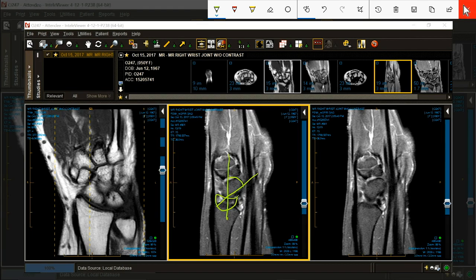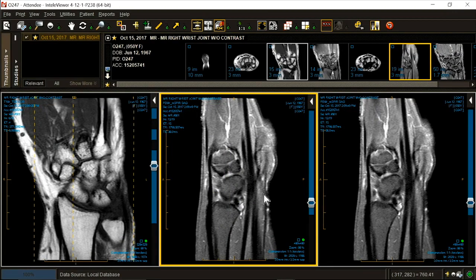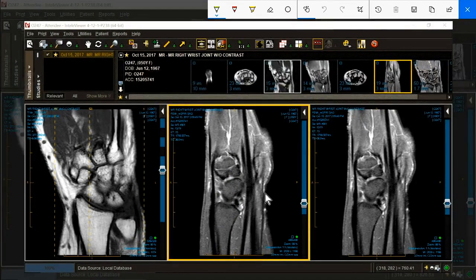But let's do something even more simple than that. I'll simply look at the overall axis of the scaphoid relative to everything else, and I like to see it about 45 degrees. So if it's standing up, it's a problem. If it's lying down, it's a problem. That's easy.